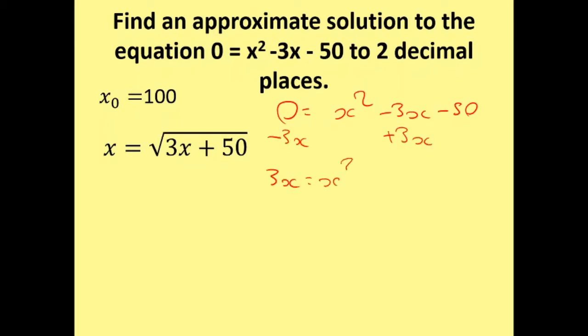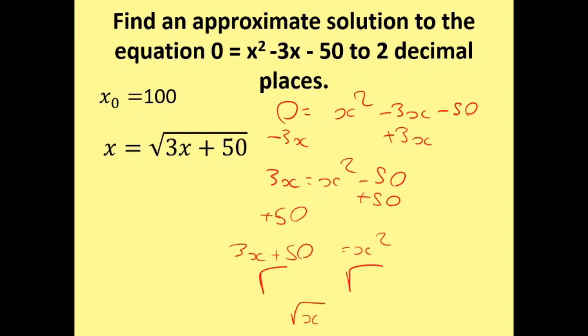This means 3x equals x squared minus 50. I'm going to plus 50 to both sides. Give 3x plus 50 equals x squared. I'm going to square root, which gives me the answer actually. The square root of 3x plus 50 equals x. Good, that's what I wanted.